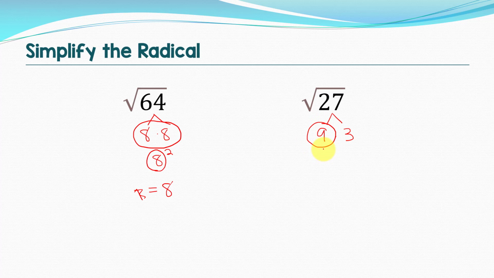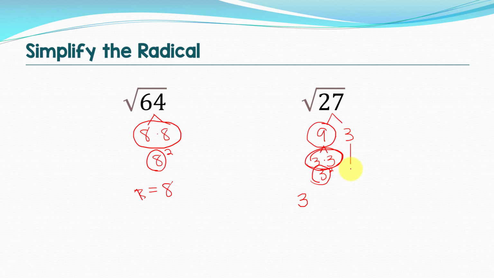So a perfect square can always be simplified outside of the radical. We can take that even further and say that's 3 times 3, right? 3 squared, the root of that is 3. So whenever I find a perfect square, or if I keep going and I get 3 times 3, that can come on the outside of the radical sign. So I'm going to write a 3 out here.